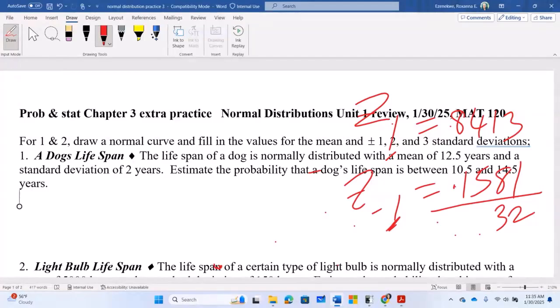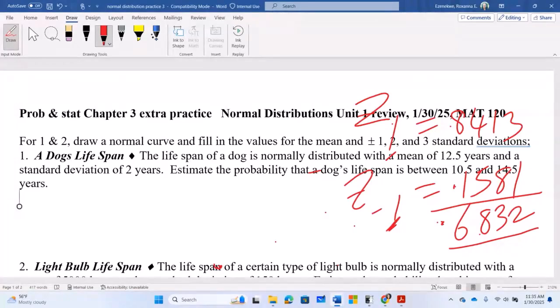Borrow 1 is 13. 13 minus 5 is 8. And then I have 7 here minus 1 is 6. Therefore, the Z chart also agrees that 68% of data lie within 1 standard deviation.